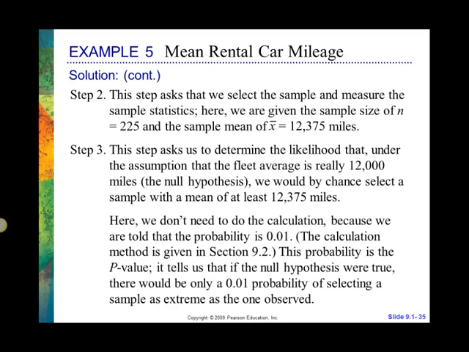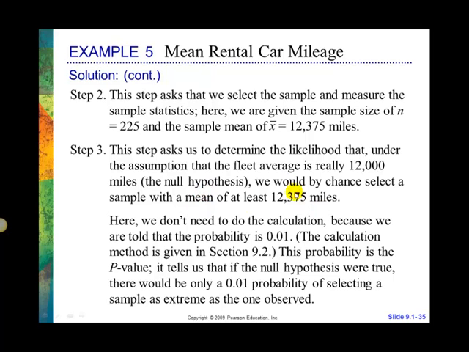So now we have to do our calculations. We have to figure out a way to use this. So he took a sample of 225 cars, and he found a mean of 12,375. Now, step 3. Find the value. And so he does his work.